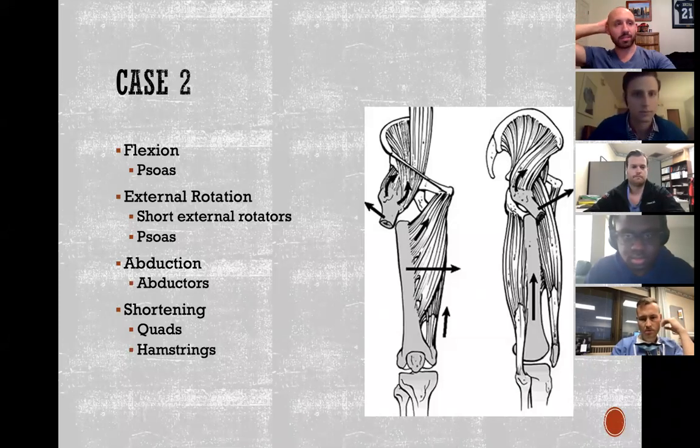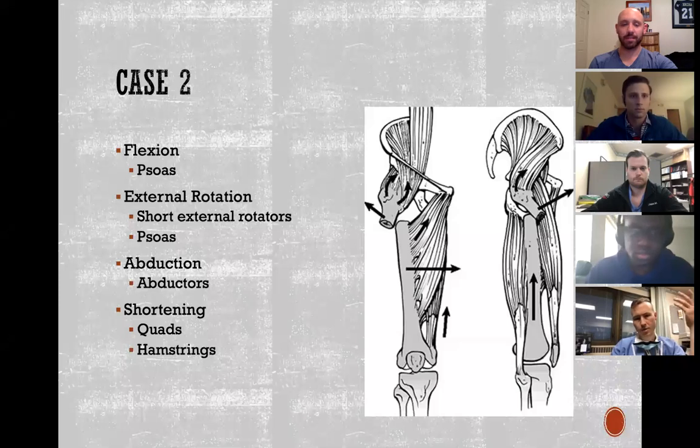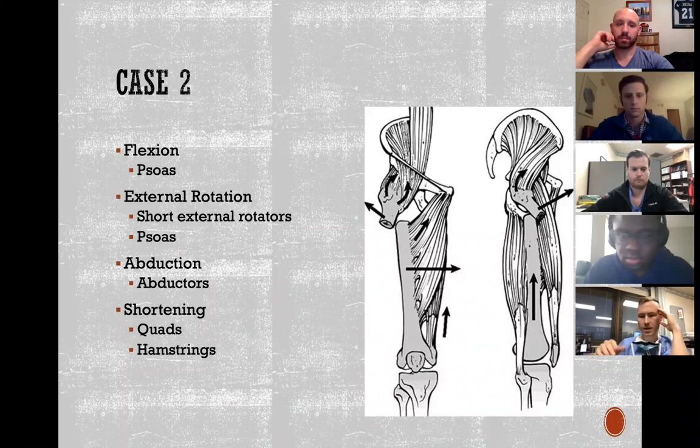Someone else want to go through this? So just for the sake of time, we'll just reiterate. It looks like you hit all of the right stuff there. The iliopsoas flexes the proximal fragment. You have the short external rotators, but the iliopsoas, additionally, because it's inserting on a posterior structure on the femur, the lesser trochanter is posterior.